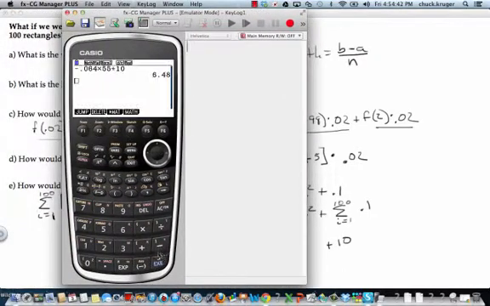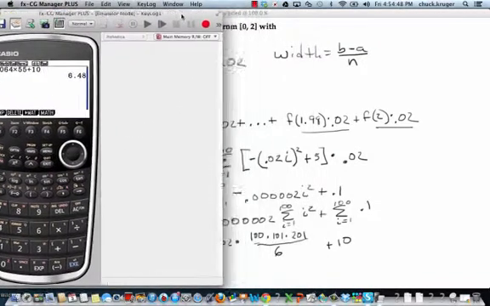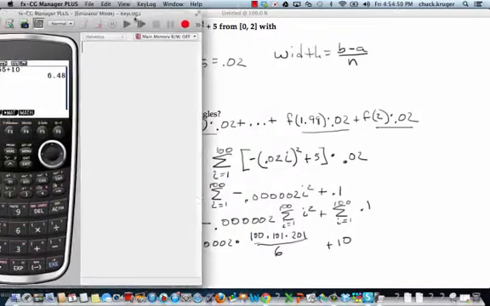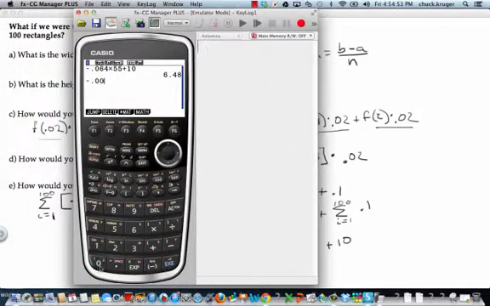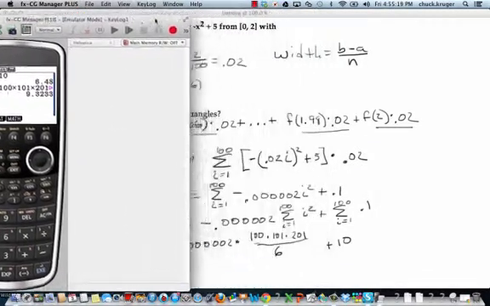Okay, let's execute. A negative point, how many zeros again? Times 100 times 101 times 201 divided by 6 plus 10. And I get, I'm hoping that's right. I think that's a little high.